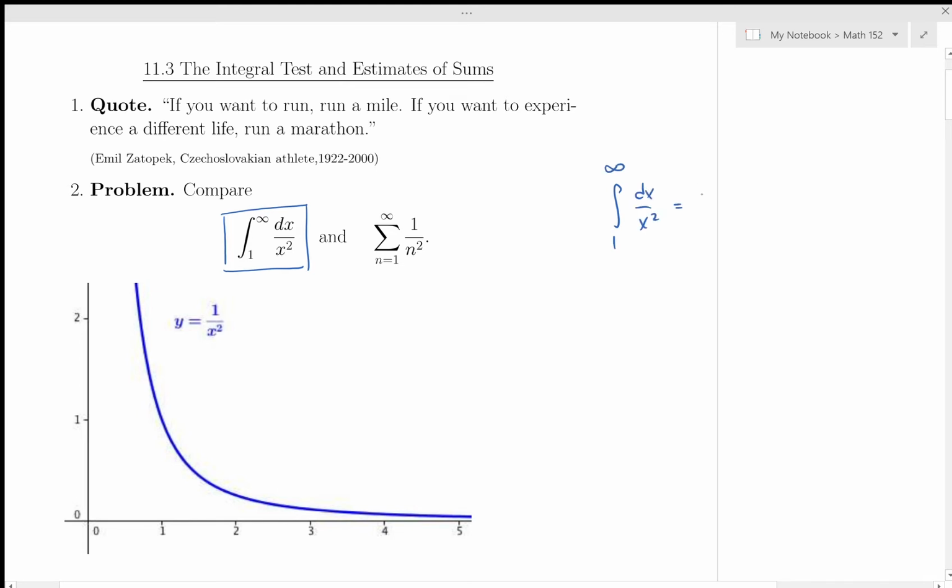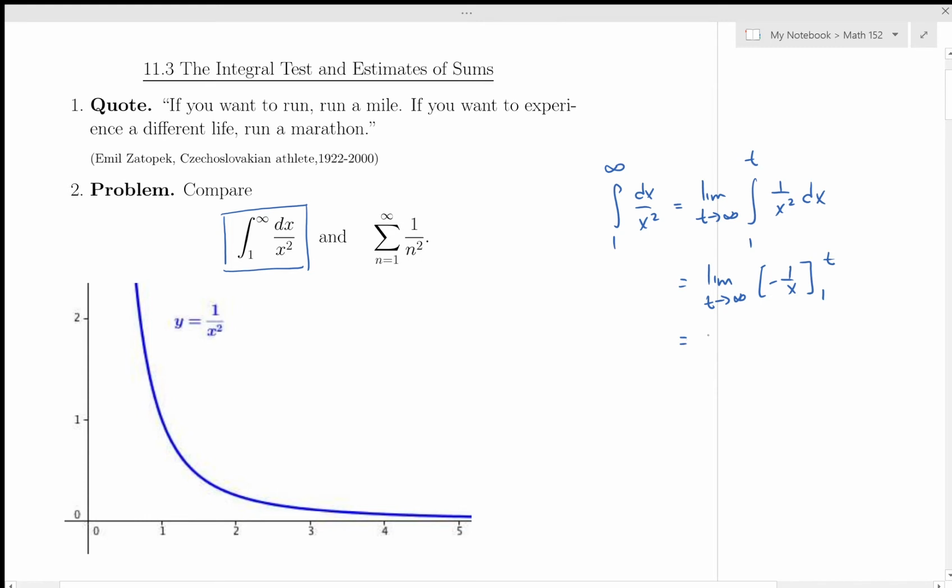That's going to be the limit as t goes to infinity of this integral here. It's an improper integral of type 1, and then it's a simple integral to do. The integral of 1 over x squared is minus 1 over x, evaluated at 1 and t.